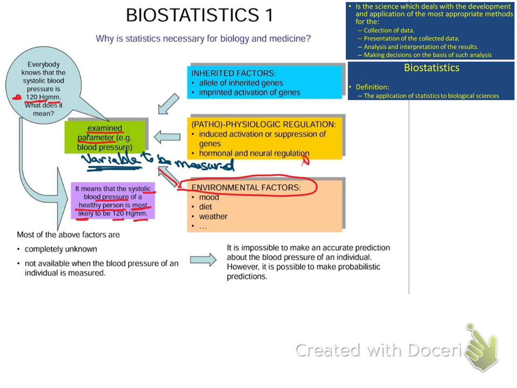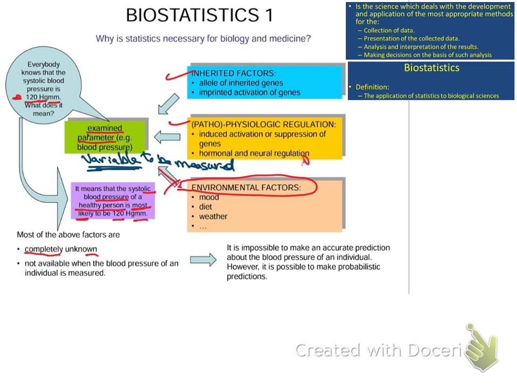So most of the above factors are completely unknown. We don't know all these details for everyone. The inherited factors. When someone comes to you in the hospital, you don't know what the inherited factors are from the first visit. For the physiological regulation, you also don't know the activity of the hormone which he has, or whether there is induced activation or some genes which are suppressed.